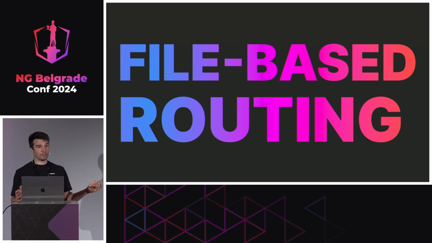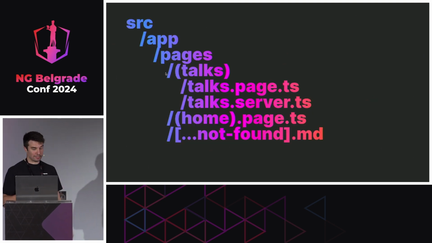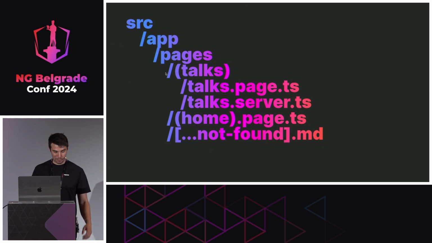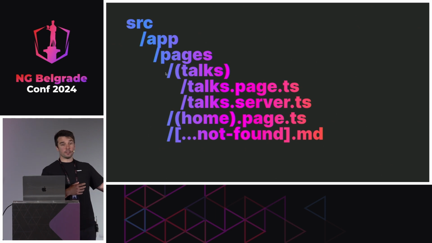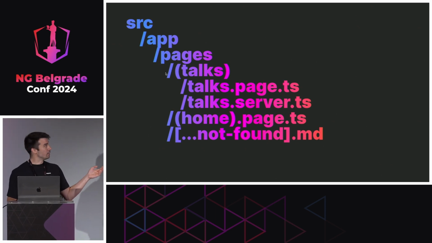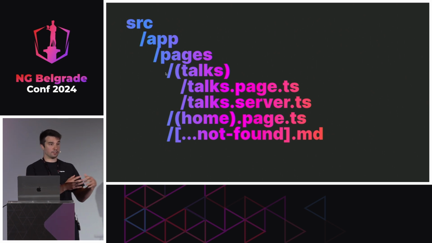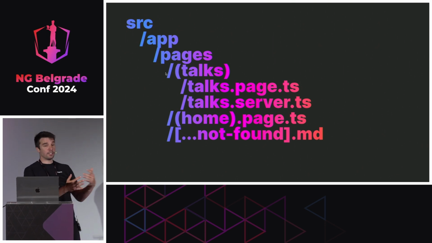So of course, we want file-based routing with our Angular application, with the front end too, right? And that's thanks to Marco's incredible work, is possible right now. So you can use that same convention to create your API routes, and to create the routes on your front end. So I have a pages folder. Everything in the pages is going to be turned into an actual page component and made available through the front end routing.